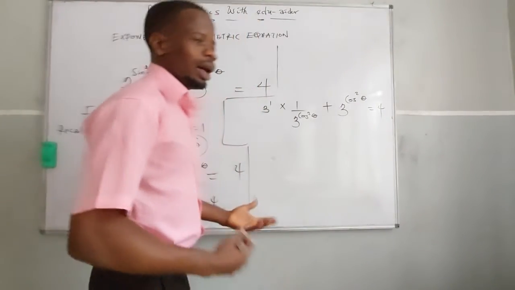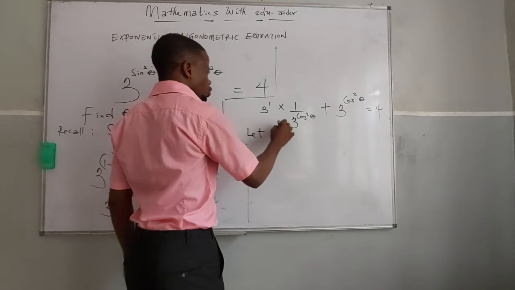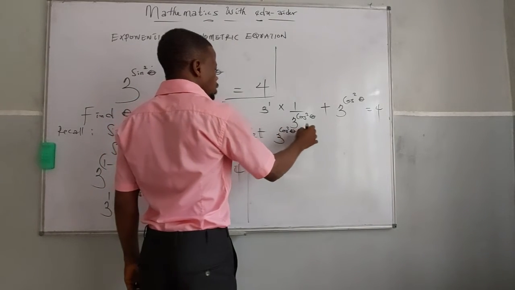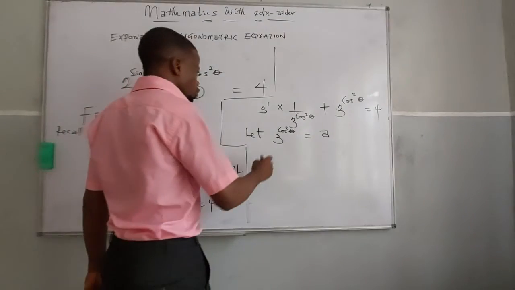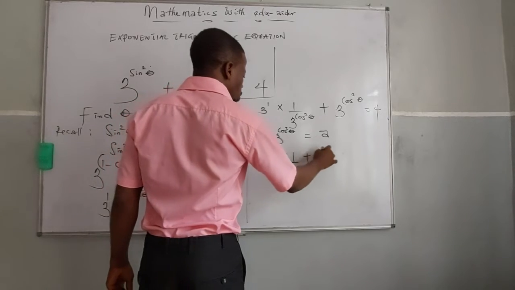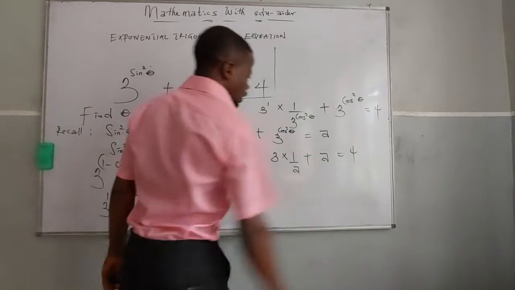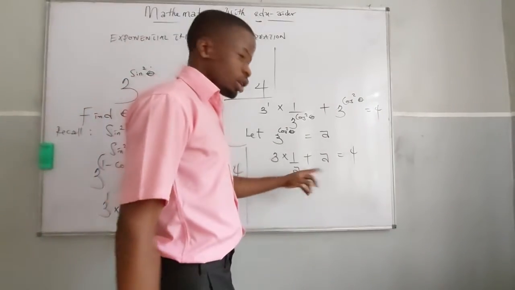So let's represent. Let 3 raised to the power cos squared theta be equal to, let's use a, for example. It makes our work easier. So we have 3 times 1 upon a plus a is equal to 4. I think it's easier this way, right? So we now multiply it by this a to clear the fraction.